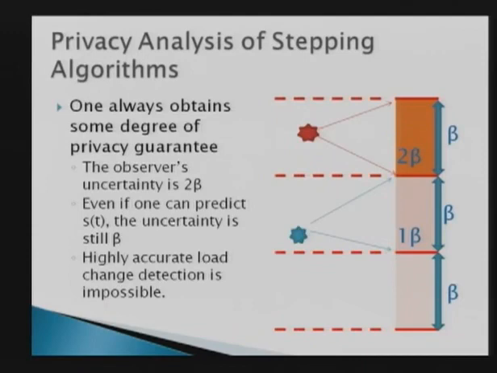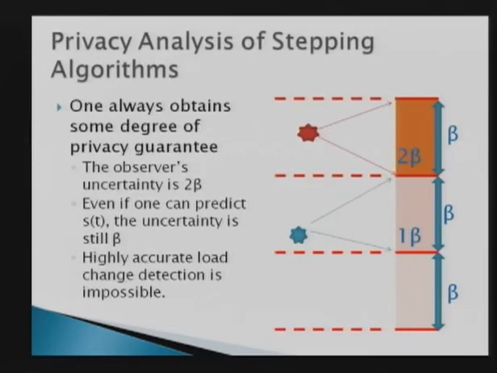And even if the attacker knows whether the battery is charging or not, say the external load is 2 beta and the attacker knows that we are charging the battery, he can only say that the demand load will be between 2 beta and 3 beta, but he cannot tell the exact value from our algorithm.